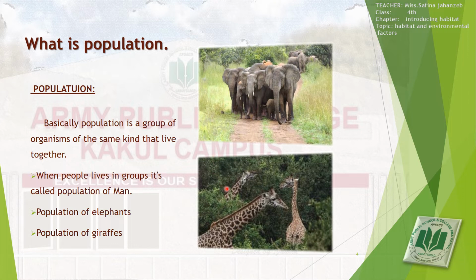Same like this, in the second picture, a group of animals is again present. It's the same group of giraffes. So we can say it is the population of giraffes. So in this way, a group of the same animal existing in any habitat is called a population.